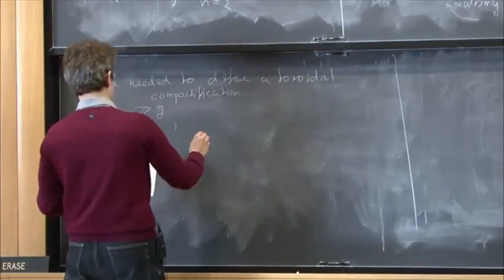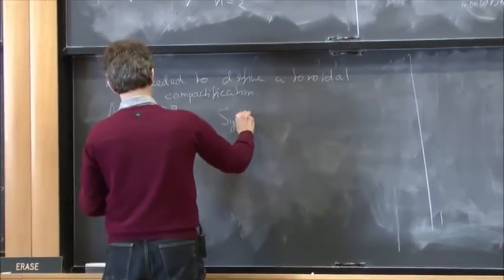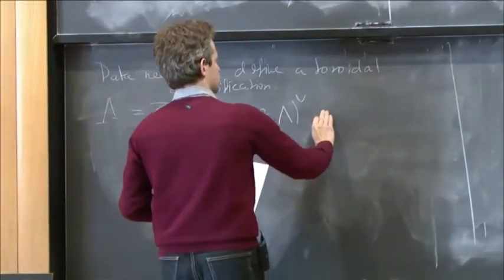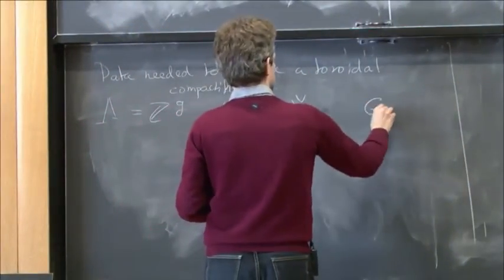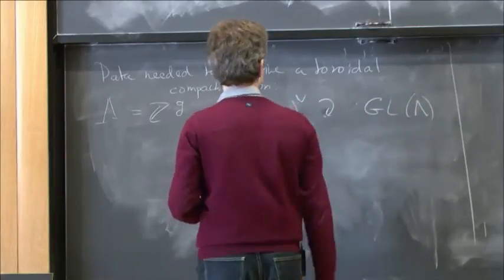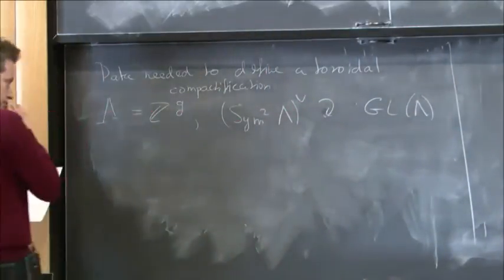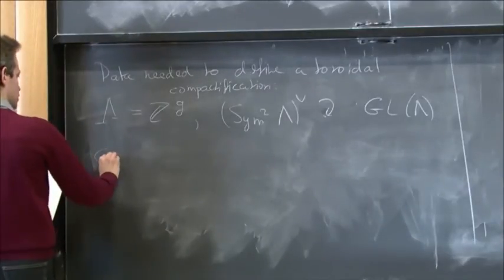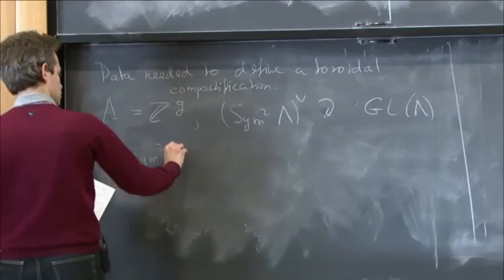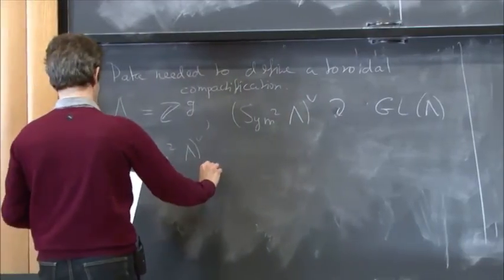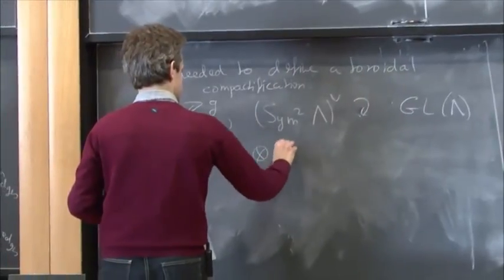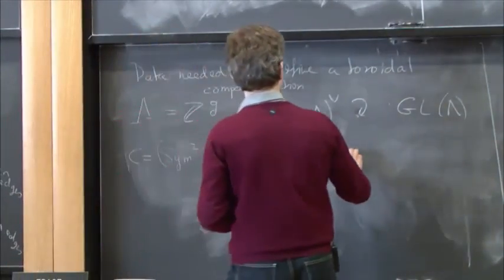And then if I look at Sym^2 dual, then of course GL acts on it. Okay. And then I would like to think about the cone of positive definite quadratic forms. So this is positive definite.